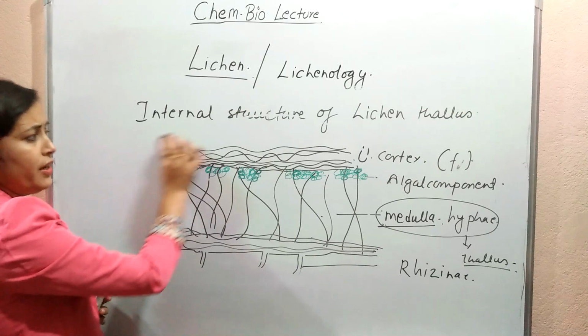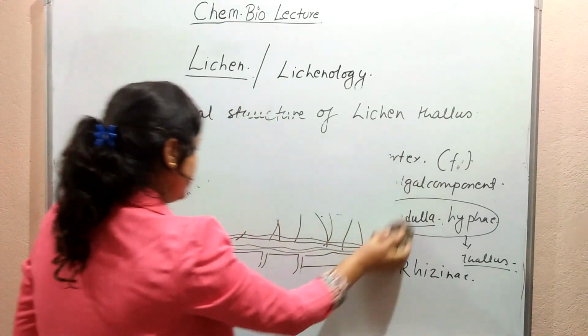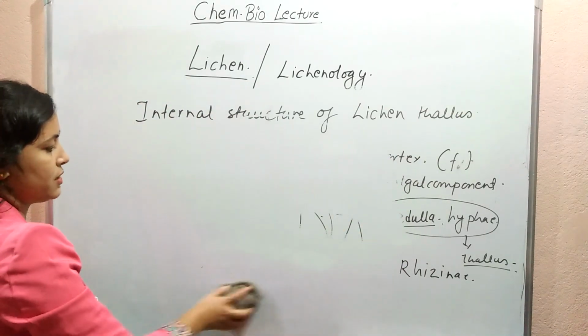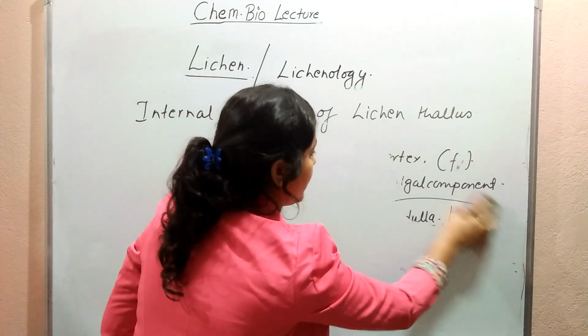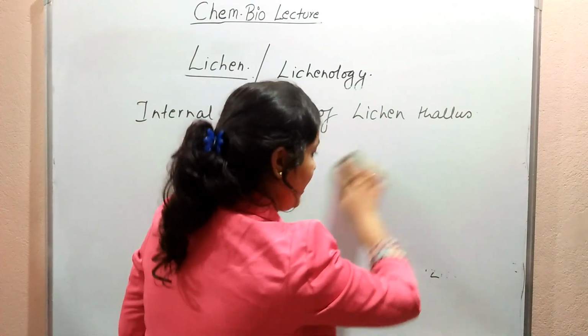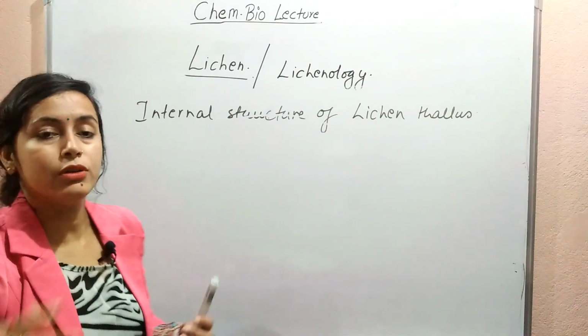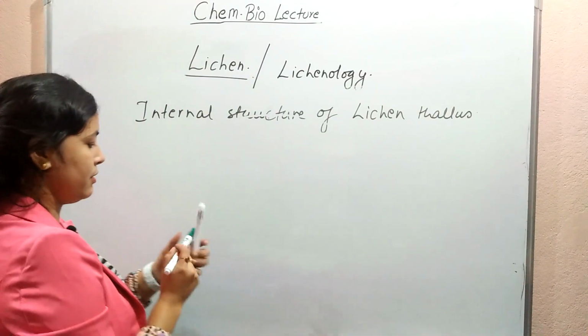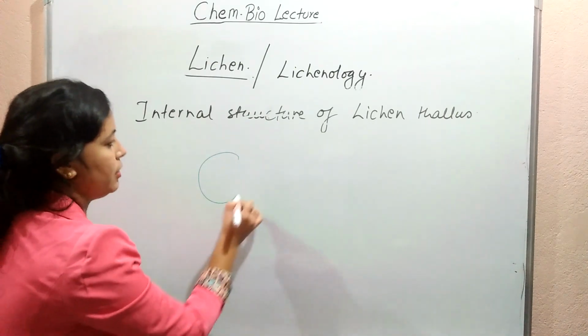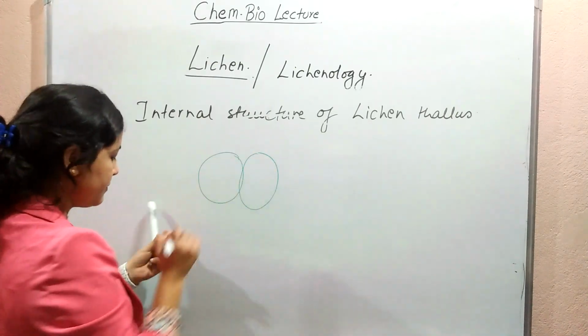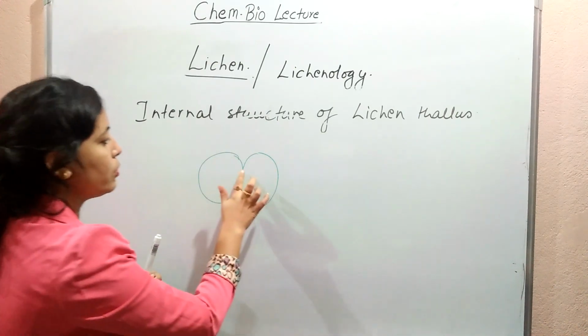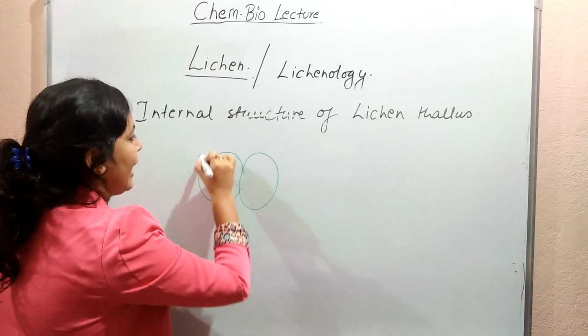You might be wondering, actually I even used to wonder, we are talking about these associations: how is the algae supplying food to the lichen, to the fungal component? So let me draw one picture here. If these are the algal cells, you see these algal cells are entangled.